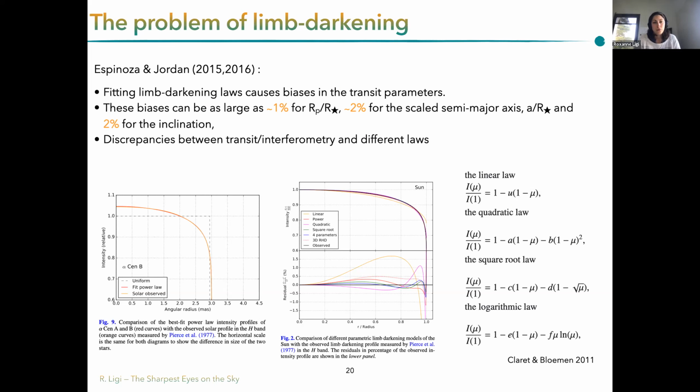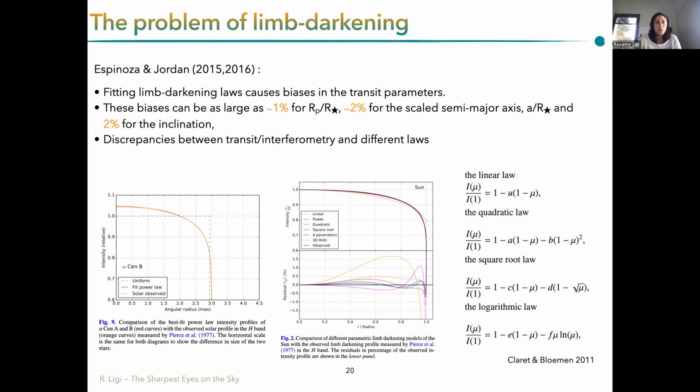So the goal of future missions like PLATO is to derive planetary radii with 2 or 3% precision. So if you already have 1% precision lost because of that limb darkening, you cannot reach this goal.